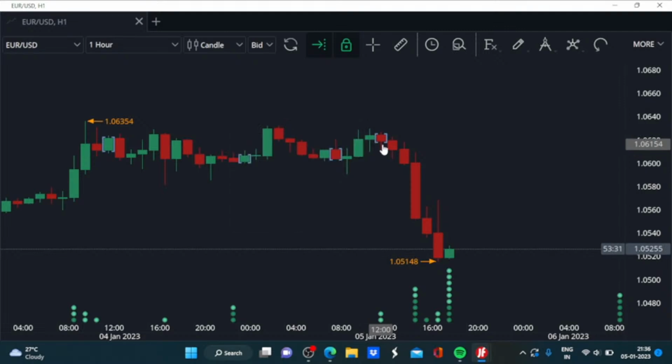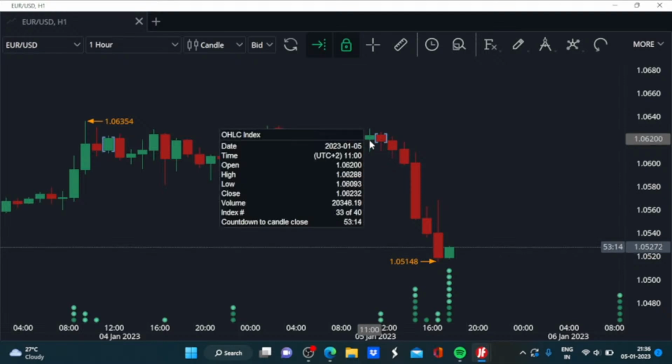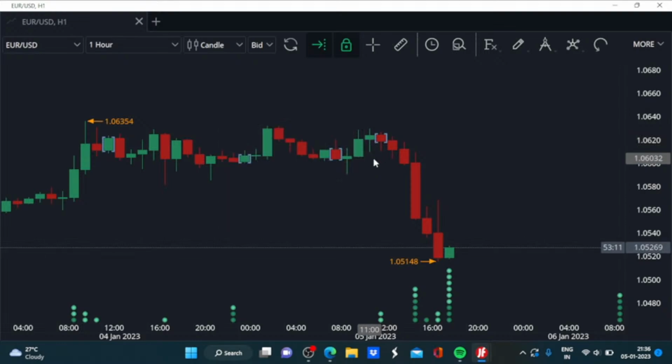So the only requirement is there is a reversal. The first candle should have closed higher compared to the open price. The second candle should have closed lower compared to the open price, as well as it should have closed lower compared to the opening price of the prior candle. So that signifies a total reversal of the momentum, whereas in the first candle there was a price rise, but since the body of the candle was small, it also means there was not enough momentum.